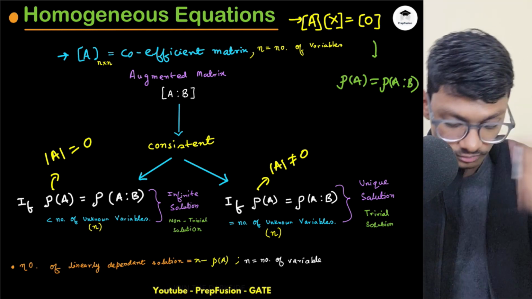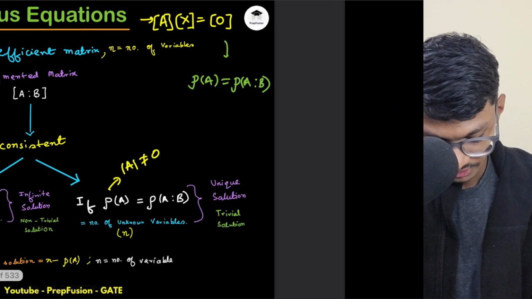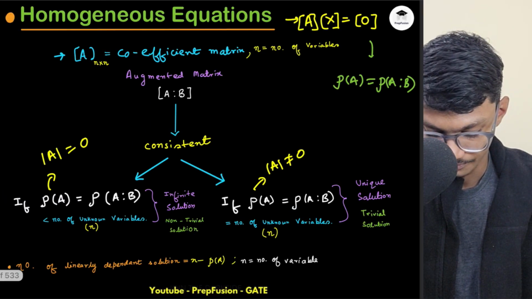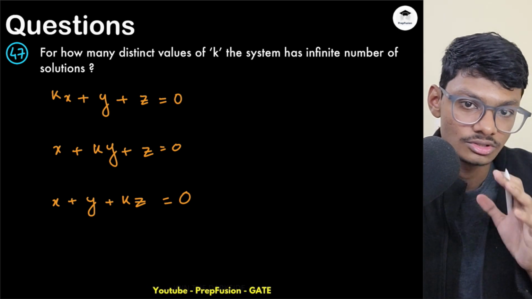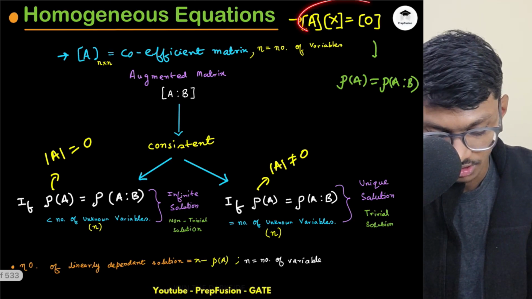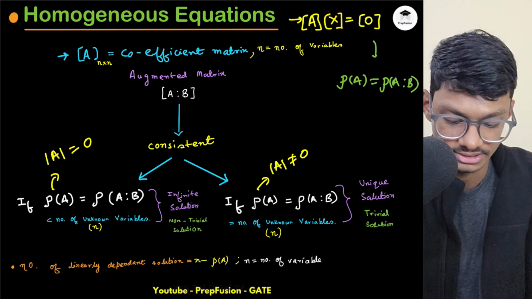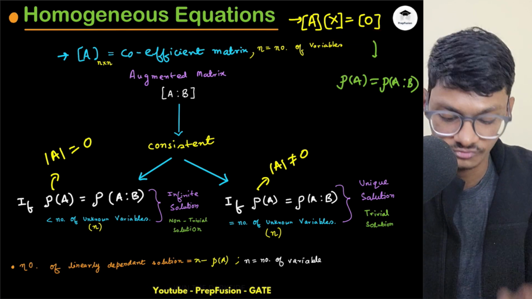Now what do I mean by trivial solution and non-trivial solution? Here, what is the most basic solution that we see? Can you tell me a number or a matrix that I can put in place of x that will satisfy this equation for any value of A?